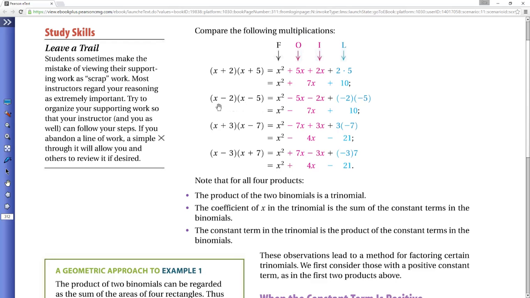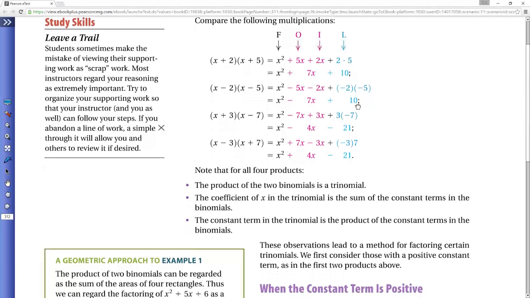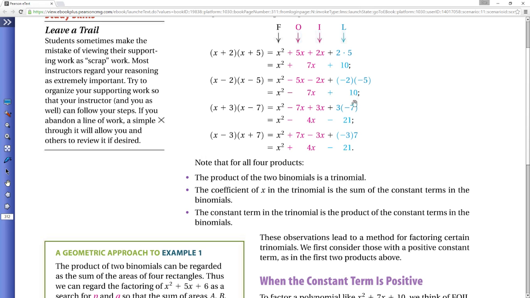If I have a subtraction times a subtraction, in other words, the second term in my binomial is negative, it'd be the same as x plus -2 and x plus -5. We end up with this middle term being negative and the last term, the constant term, still being positive.